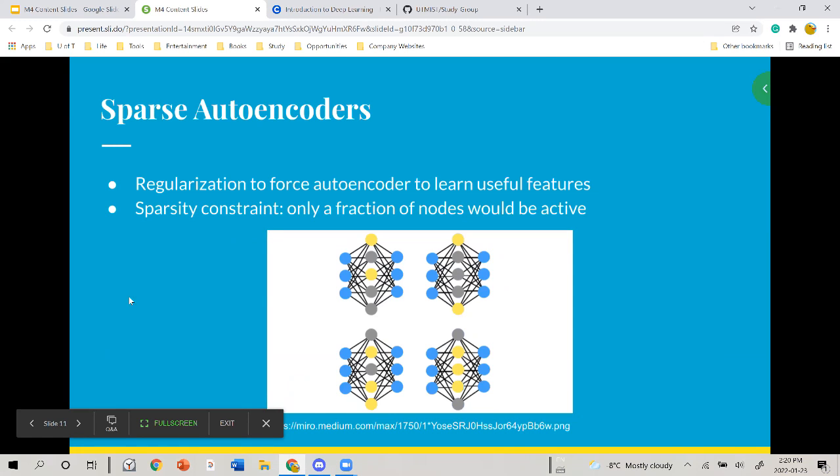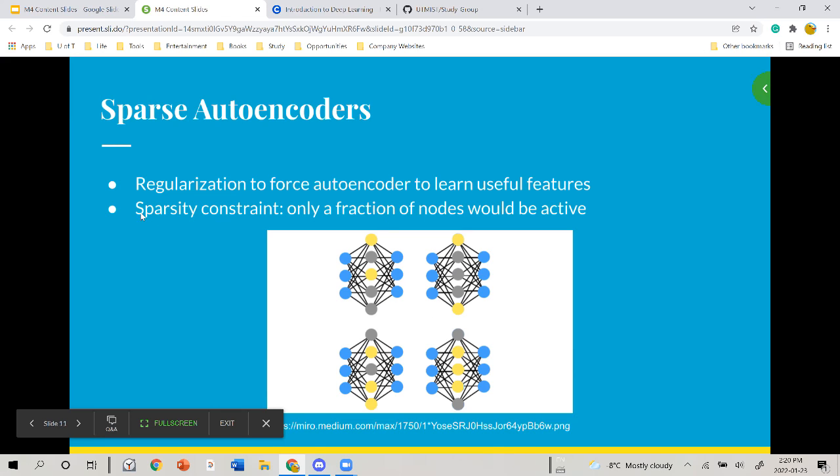And then a different type is the sparse auto-encoder. This is kind of similar. You're using a regularization technique, this time again to force it to learn the useful features.